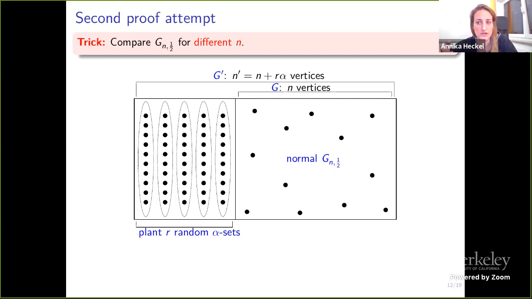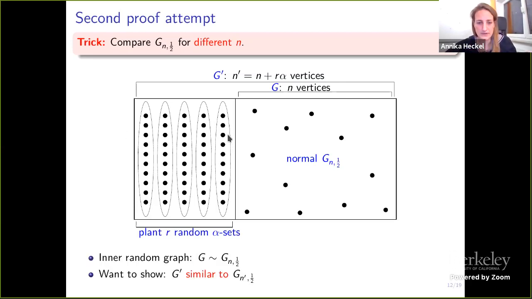The non-straightforward thing is showing that it works. We just plant our alpha sets randomly, and then include every other edge. These are independent sets, so they don't have any edges, and every other edge is there independently with probability 1/2.